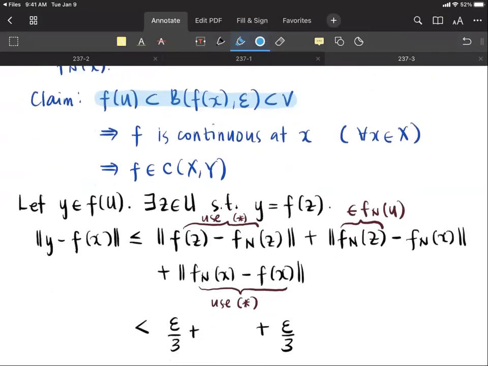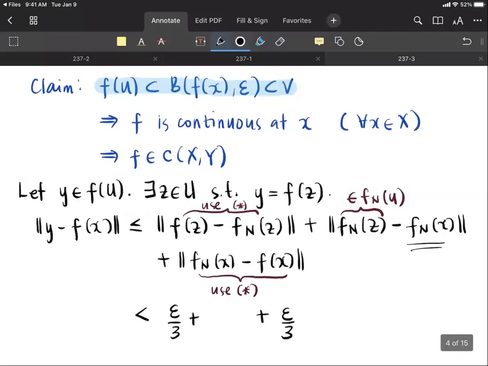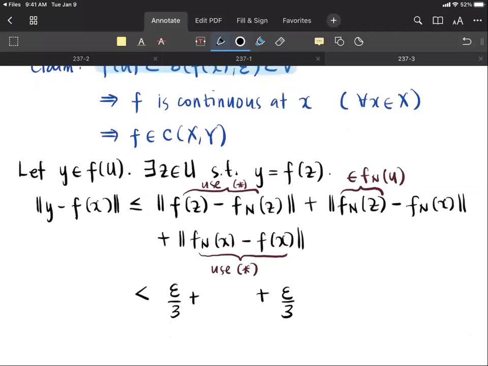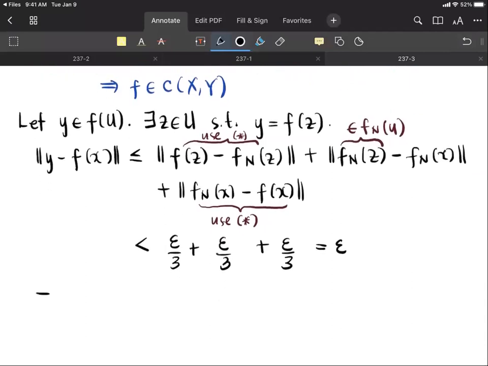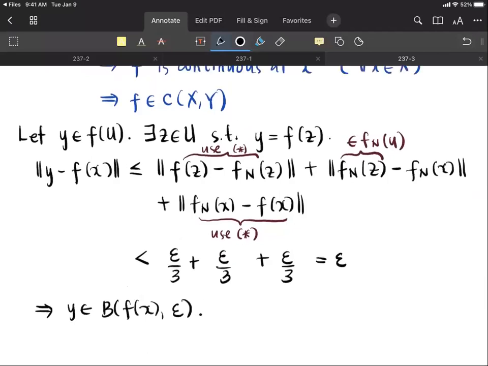But that is the case for this one here. So with that, it must be in the ball centered at f sub n of x, having radius epsilon over 3. So therefore, the distance relative to the center would be also less than epsilon over 3. And therefore, we have that y lies in the ball centered at f of x with radius epsilon.